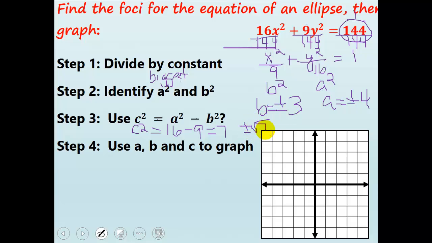We'll just leave it like that. That's fine. Okay, so now my vertices, my a squared is under y squared, so a has to go in the y spot. So I'm going to have 0, negative 4, and 0, positive 4.